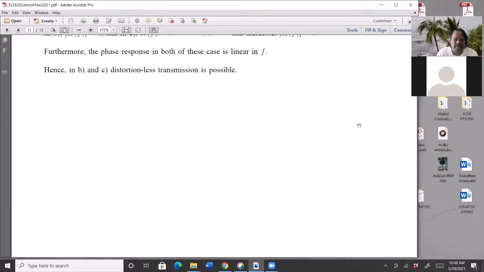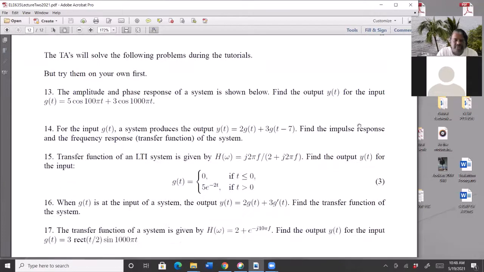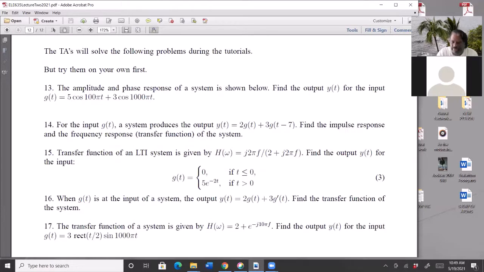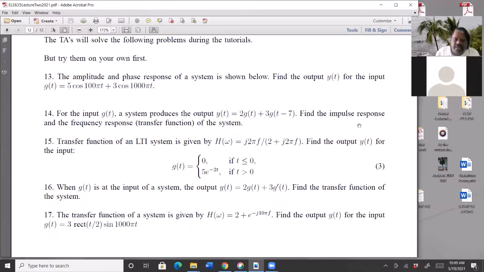Okay. Now there are more questions. What I will do is your TAs will solve some of these problems. Please listen to me carefully. Before the exam, if any of these problems are important for the midterm, I will go through them. But please don't email me saying where is the solution for this, because some of them are not that important.